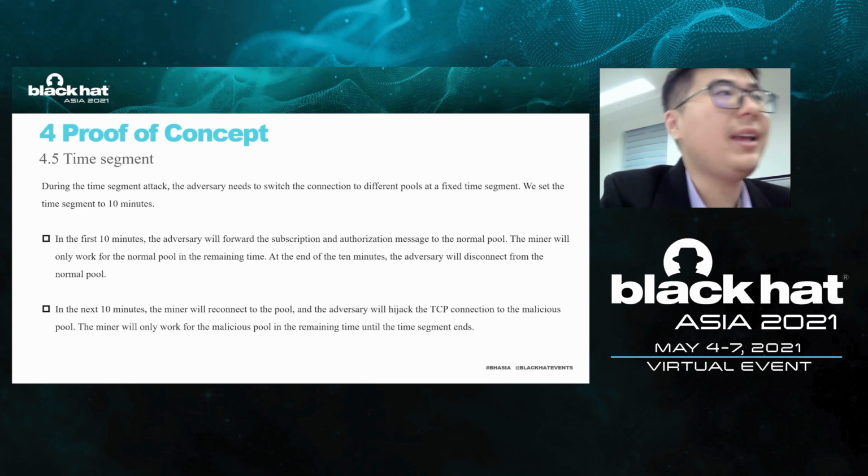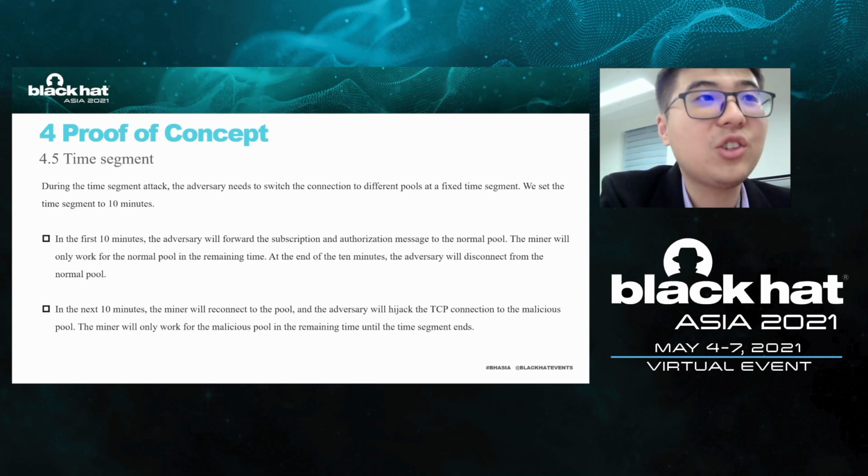The second one is the time segment. During the time segment attack, our adversary needs to switch connections to different ports at a fixed time segment. We set the time segment to 10 minutes. In the first 10 minutes, our adversary will forward the subscription and authorization message to the normal pool.